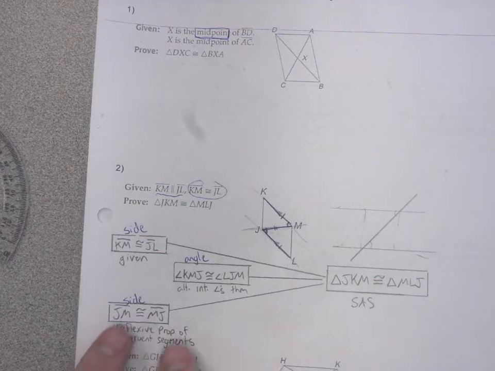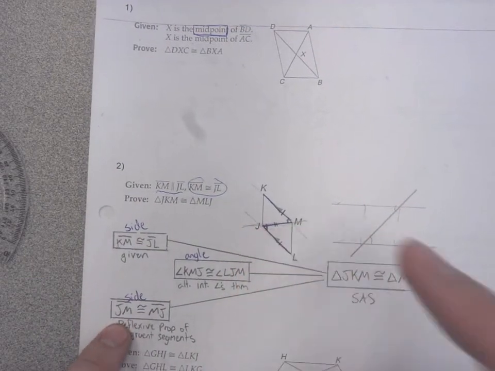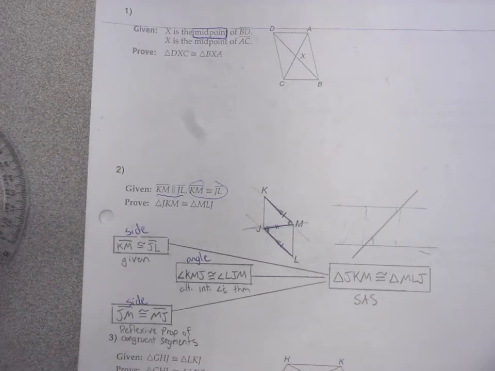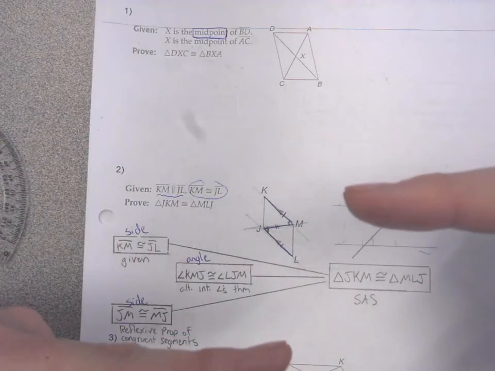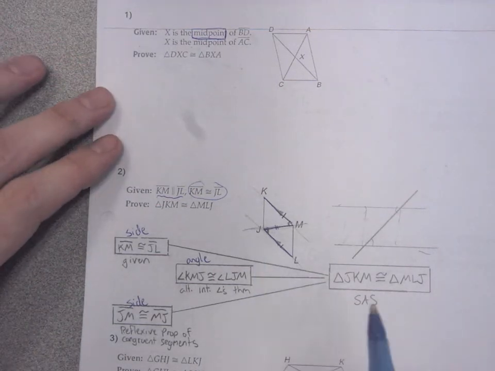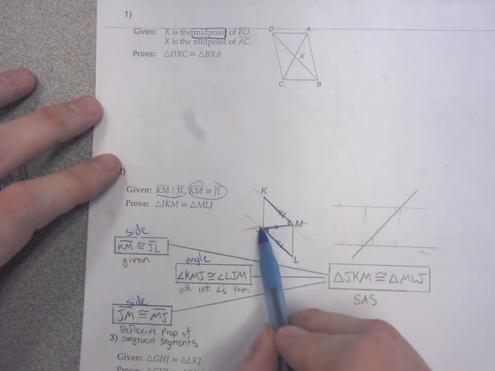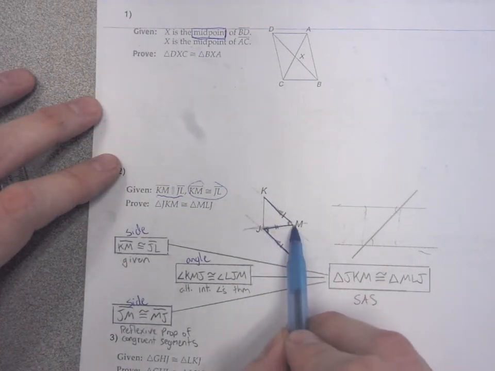Now you might notice that I said JM is congruent to MJ instead of JM congruent to JM. The reason I did that is because these triangles are pointing in different directions. If I'm going to say a segment is congruent to another segment, I want to line up the corresponding vertices.